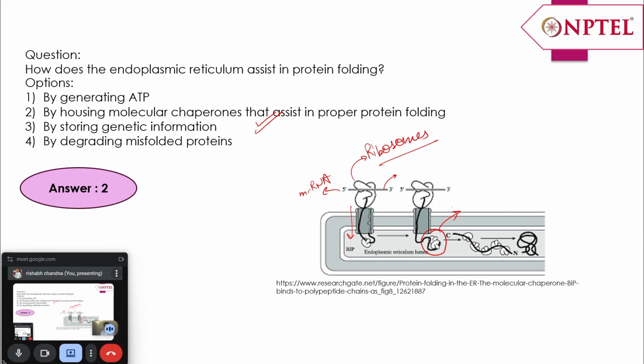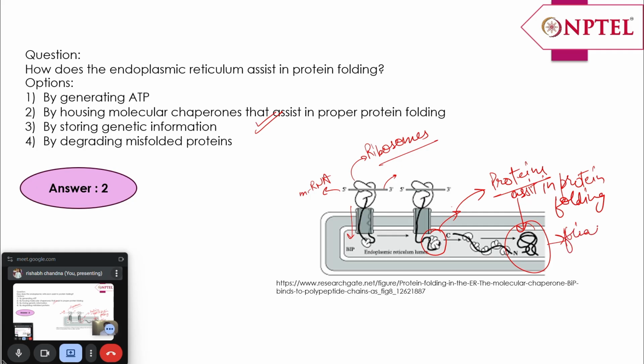These proteins assist in protein folding, giving a conformational change to the protein. This final conformation leads to their function. So this is how the endoplasmic reticulum helps in protein folding.